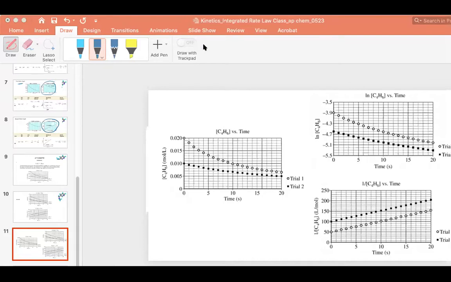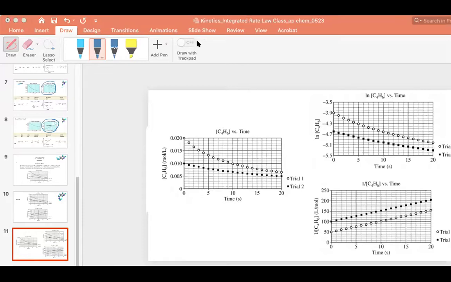PowerPoint. I just put it in today, so let me check recents. No, I keep finding the PowerPoint when I'm doing recents.